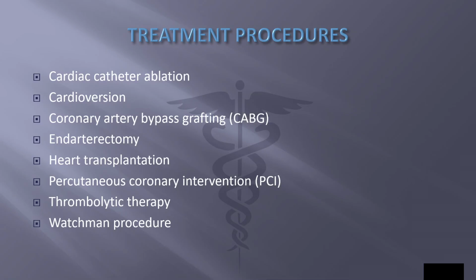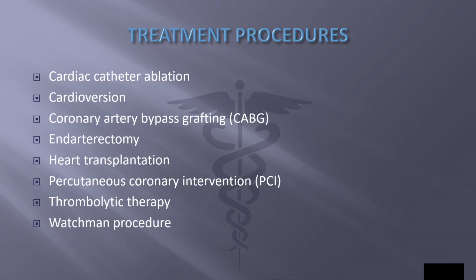This is also called balloon angioplasty. Next is thrombolytic therapy. Drugs such as TPA, tissue plasminogen activator, and streptokinase are injected into a patient's bloodstream to dissolve clots that may cause a heart attack.